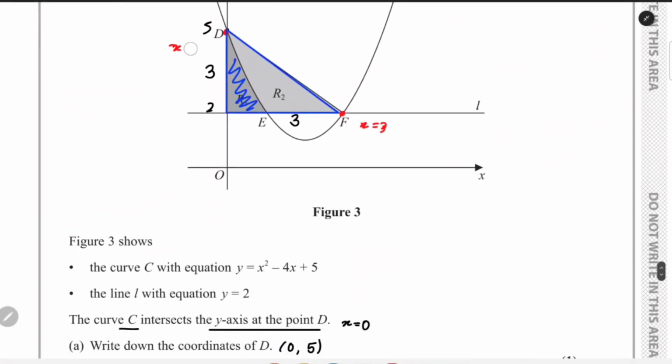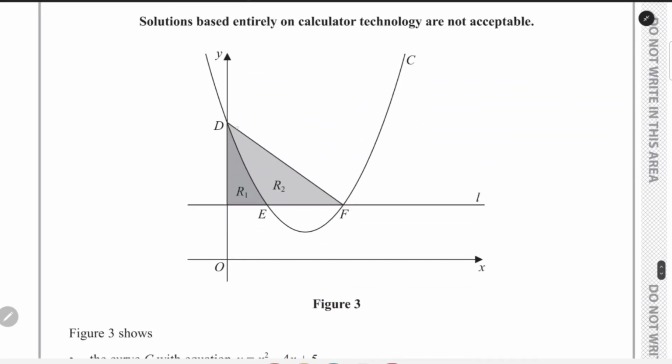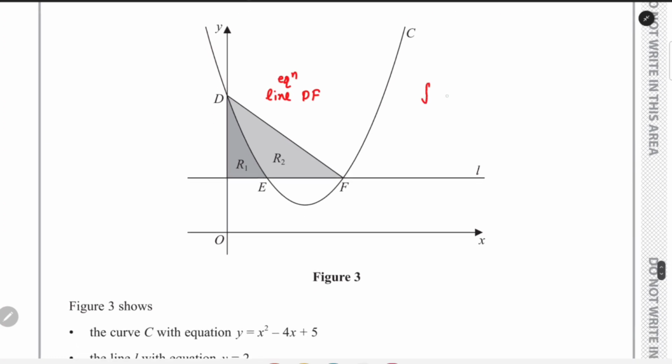The other method would be a little tougher. In that method, we have to find the equation of line DF, and then we have to integrate that line's equation. So I can write L1, the equation of the line, minus the equation of the curve C, dx from 0 to 1.